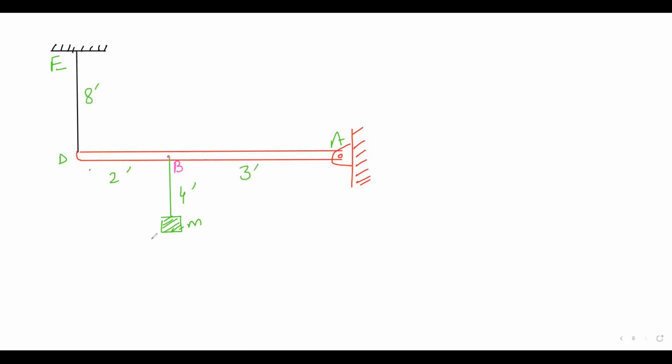The question says that your delta ED, I have to stop using this color, let us use this one, delta ED is equal to 0.0417 inches.